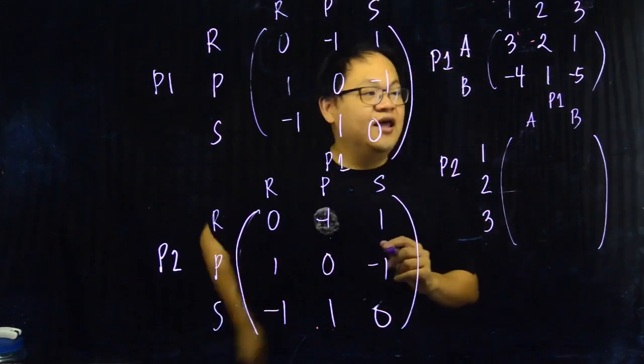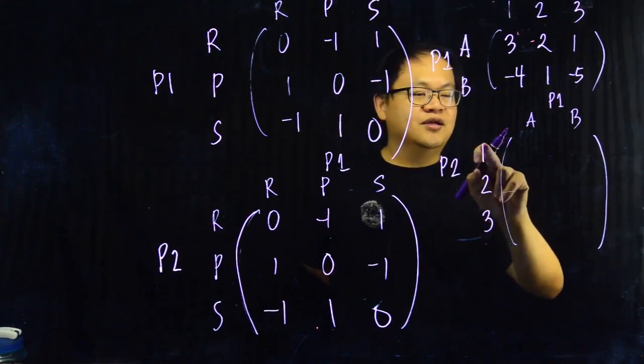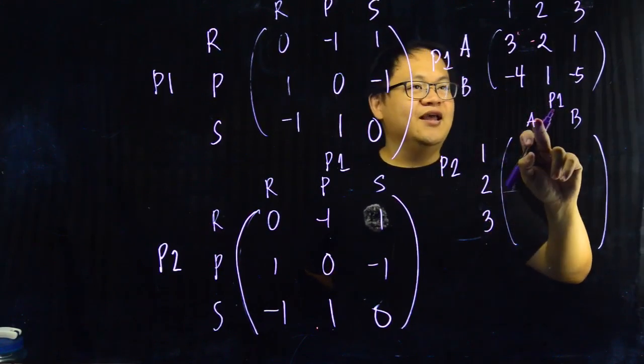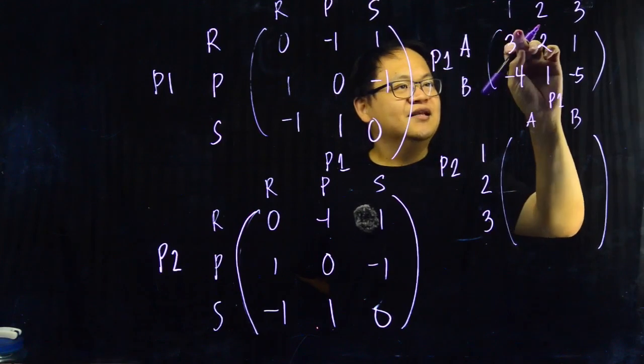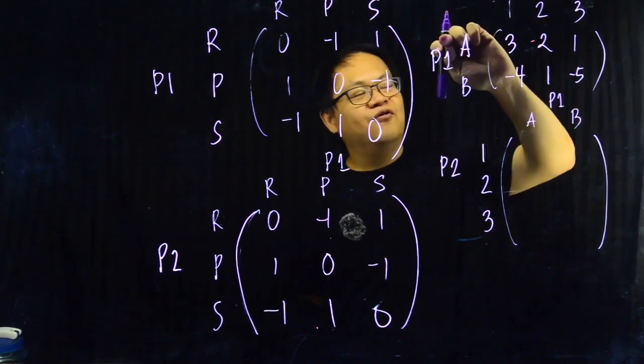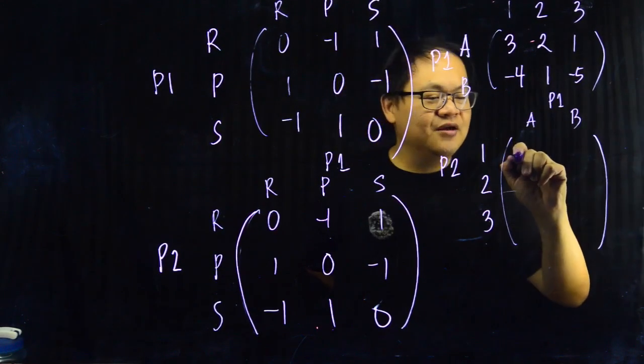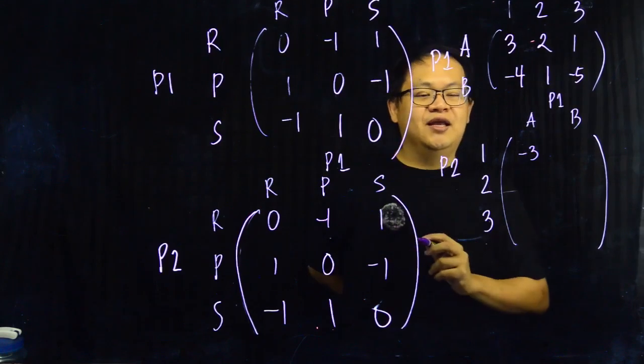If player 2 does 1 and player 1 does A, that's essentially this 3. But because 3 is from the point of view of player 1, then from the point of view of player 2, it loses 3.